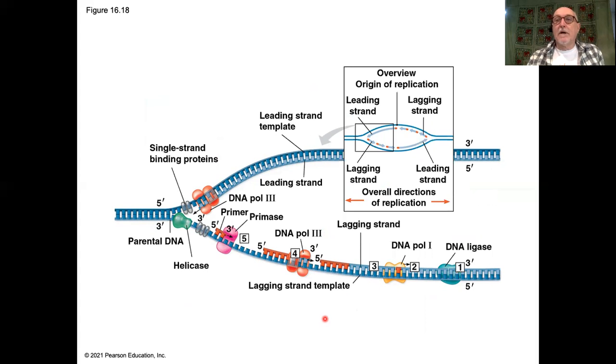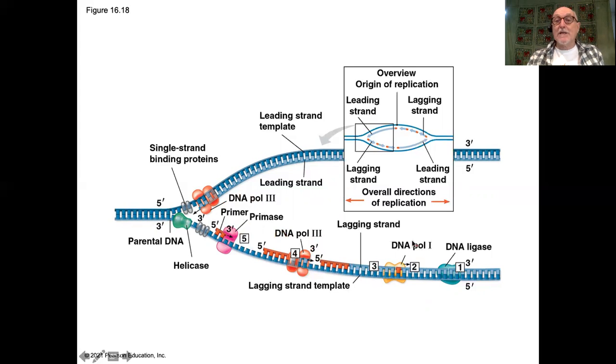Here's the whole idea put together in one. Leading strand here, old parental strand is the template. Here's the other parental strand here. Leading strand, one continuous strand laid down by DNA polymerase 3. This strand here, repeated RNA primers, repeated replication by DNA polymerase 3.